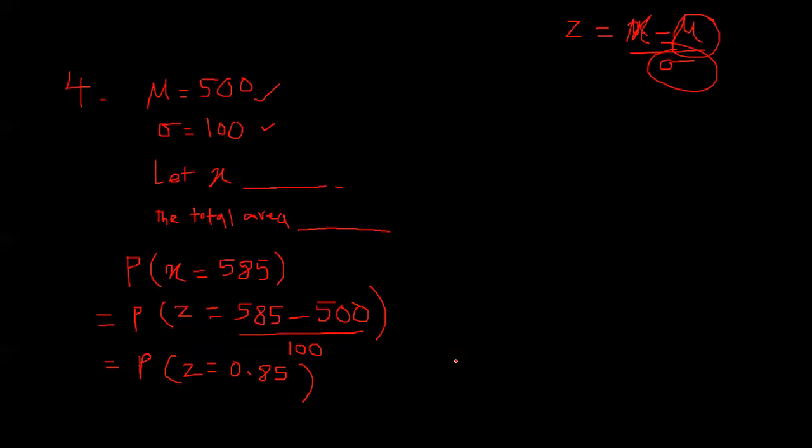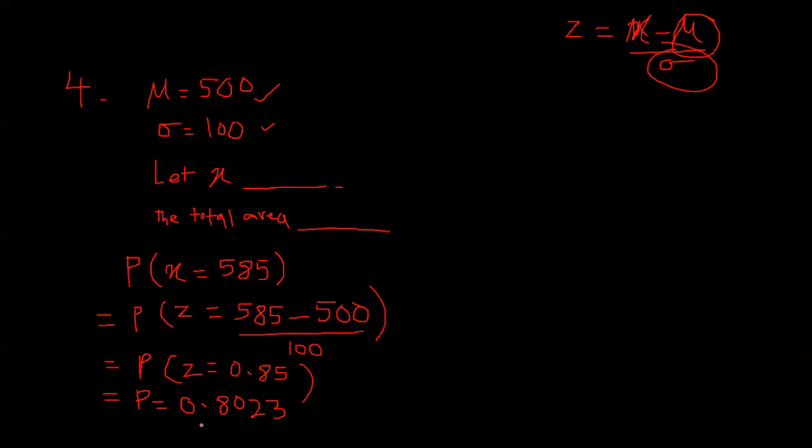So the proportion of the students who score below 585 is given by P equal to the area to the left of Z, that is equal to 0.85. When you refer to the standard normal distribution table, you will get P equal to 0.8023.